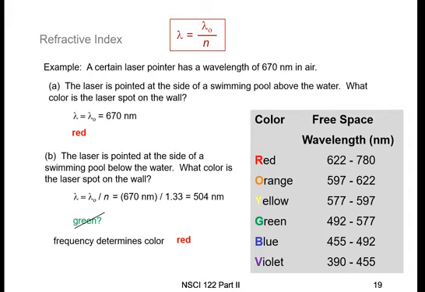It's harder to visualize frequency, something going up and down. And also the frequencies for visible light are huge if you're using hertz, 10 to the 14 hertz. So we like to use free space wavelength when we talk about what part of the spectrum the light is in, but you've got to remember that wavelength can change, and it's really the frequency that determines the spectrum and the color. Okay, I think I've emphasized that enough now.